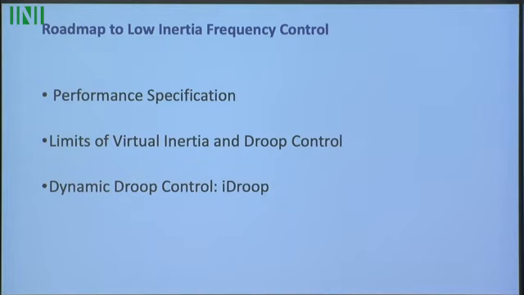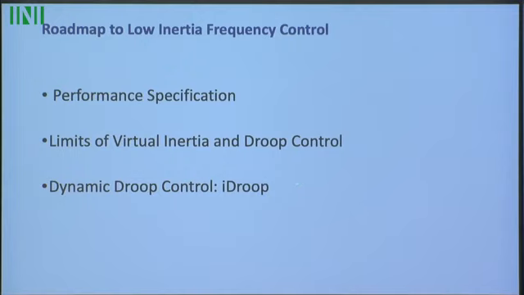So I'm going to first define performance metrics that I think capture the different types of dynamic degradations that you have in the system. Then I'm going to quantify, in stylized models, how these performance metrics depend on the different parameters of the actual system, inertia, damping, and your controller, virtual inertia and droop control.